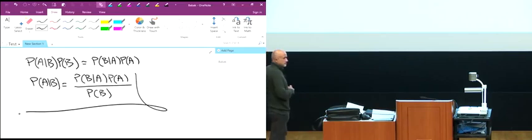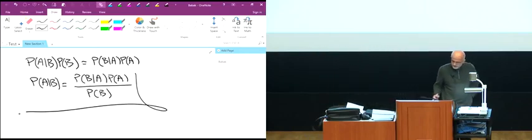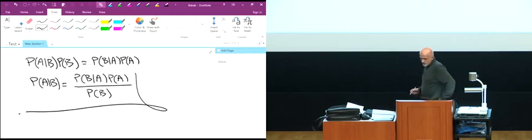In medicine, in law, in politics. This is called Bayes' rule.